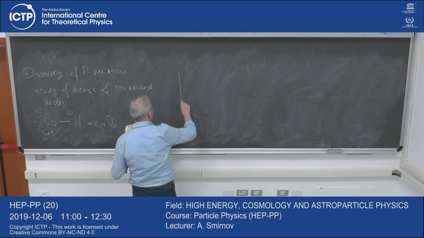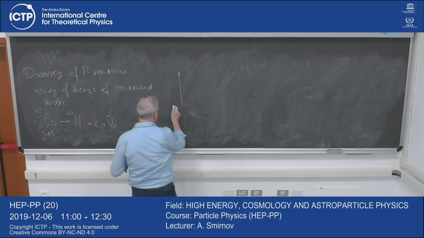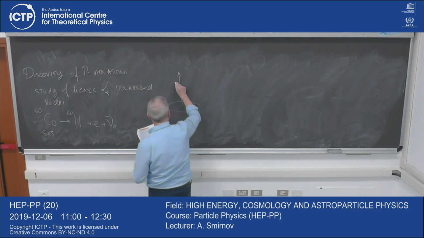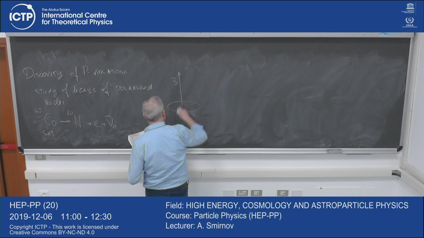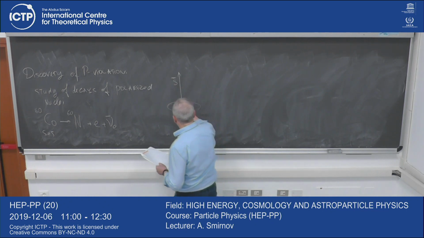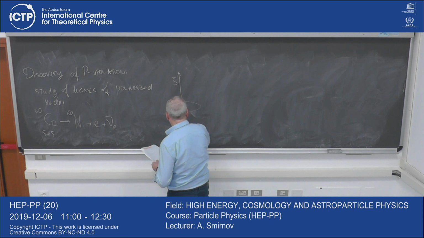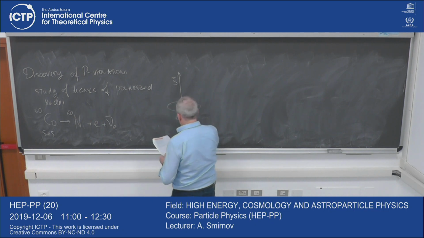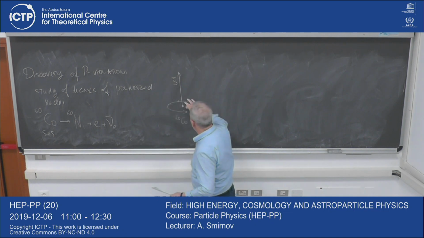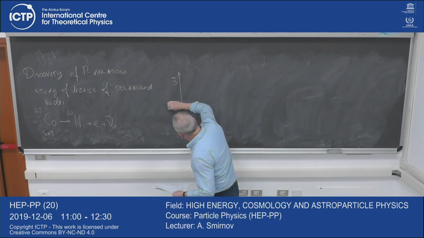So you have cobalt polarized along a certain direction. It has spin, for instance, in the Z direction. So this is cobalt 60, and the spin direction corresponds to this type of rotation.